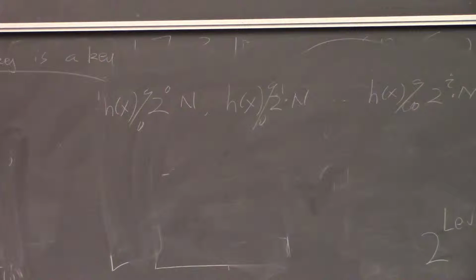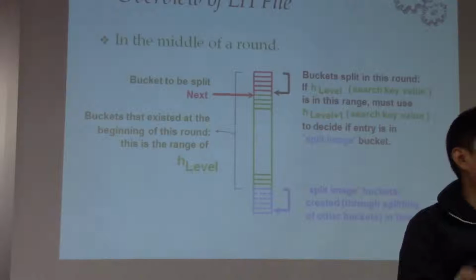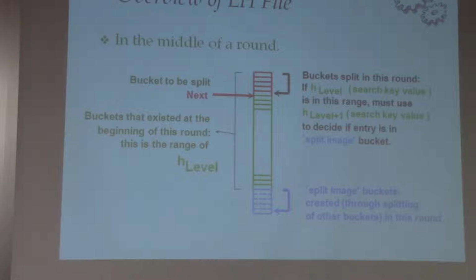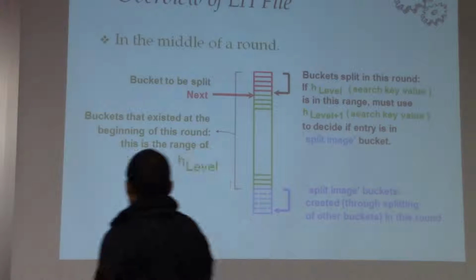What's going on is that the blue and red ones are now using the level plus 1 hash function, rather than the current level's hash function. But the green ones are still using the current level's hash function. So that's the only difference.